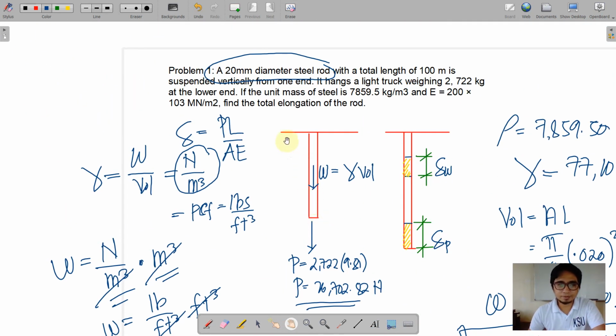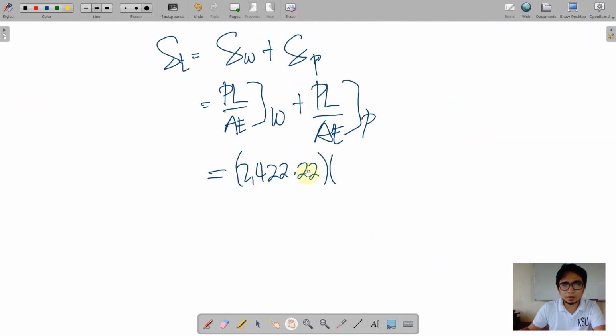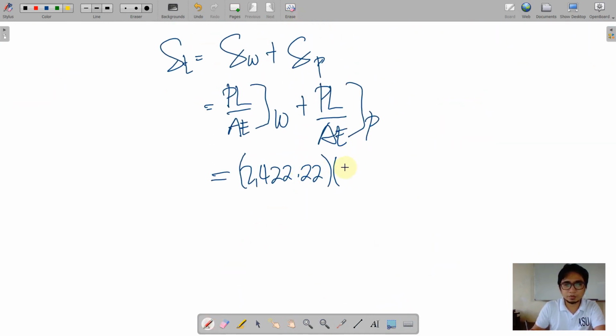Perhaps you may consider the whole length. Again, it is not. When we talk on weight, only the upper fiber will be subjected to the deformation, because the concentration is again at the center. So the portion subject to stretch is, of course, this upper portion only. That is why the consideration in the length is that half of the length will just be considered. Okay, so that is equivalent to 50.